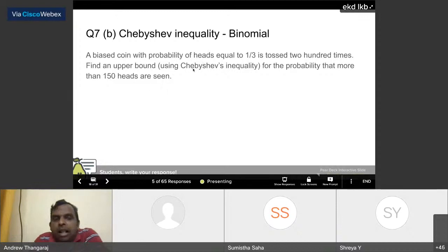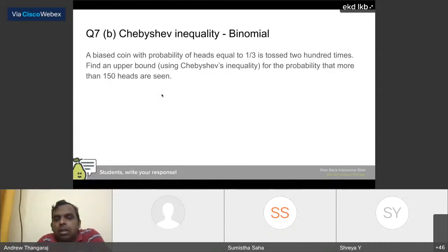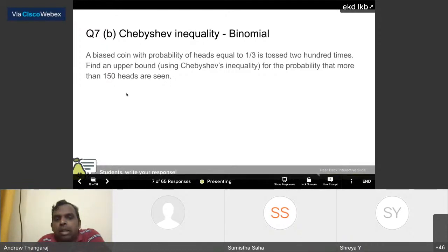Now, you want to find an upper bound for the probability that more than 150 heads are seen. Okay, so the event is what? X is greater than 150. So the expected value of x is 200 by 3, and then you want to look at 150.